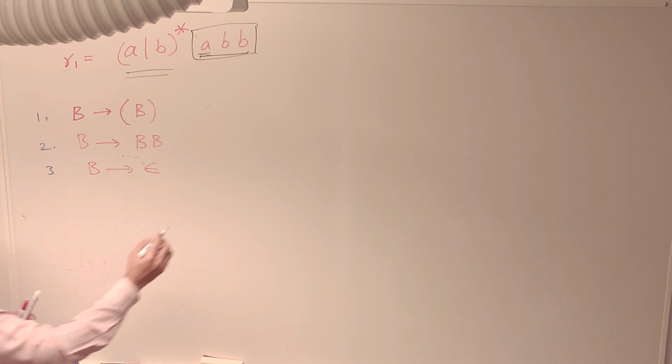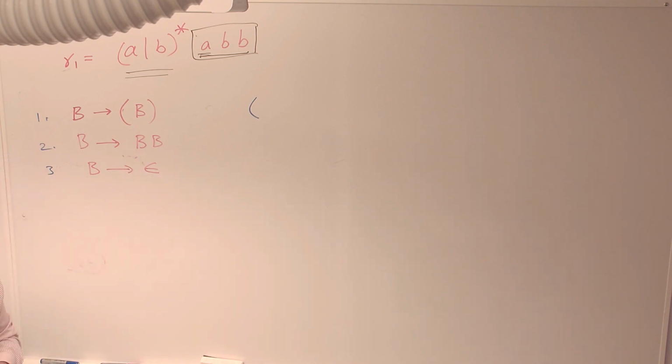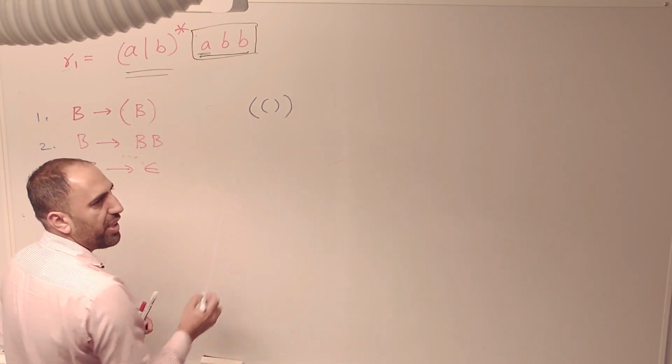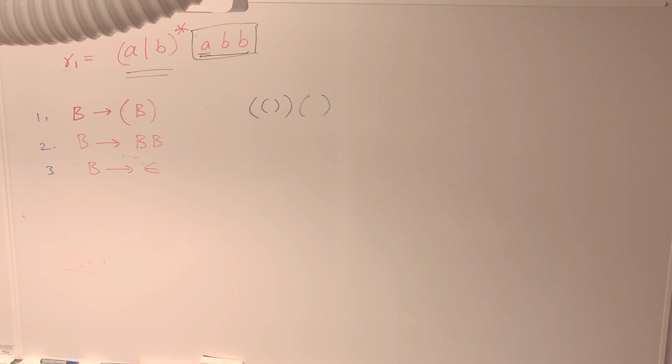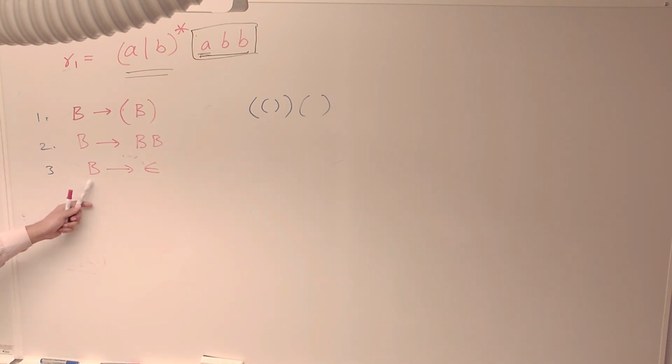And if you have to check, for example, from that example on the slide, if I take the last example where you have nested and then you have another parenthesis, we have to check whether this one is okay according to this context-free grammar or not.